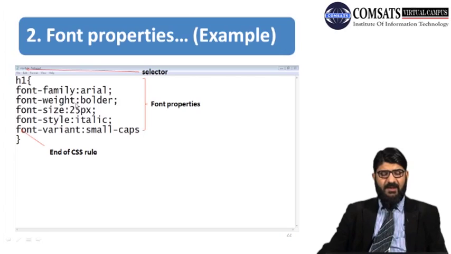Then font weight is bolder, then font size is of 25 pixel, and then font style is italic, and then font variant is small capital. So end of CSS rule is applied and these are our font properties and these are basically declarations for H1, that is selector.